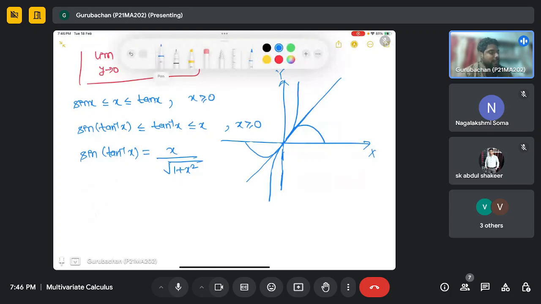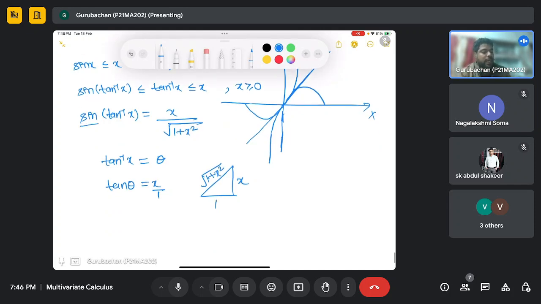So how am I getting that? Let me tell you. Here it is tan inverse x. Suppose this is some theta. Now tan theta is nothing but x by 1. By Pythagoras you can see that this is the perpendicular length, this is the base length, so what will this be? Under root 1 plus x square.